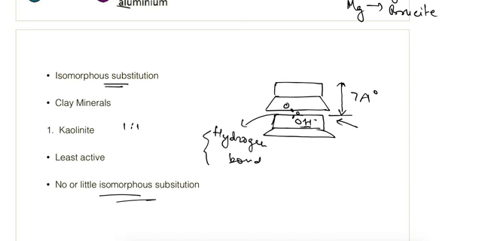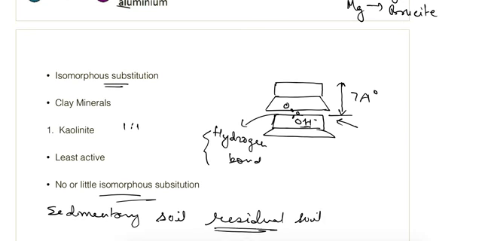So it is the least active clay mineral among all, and it is found in sedimentary rocks, and in soils formed by sedimentation, that is sedimentary soil and residual soil. Residual soil means soil which is located at the place where it is formed and is not transported.